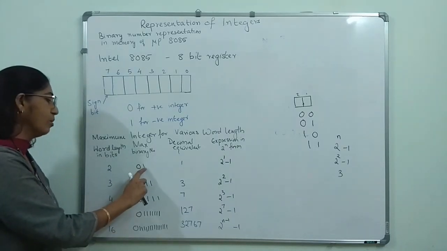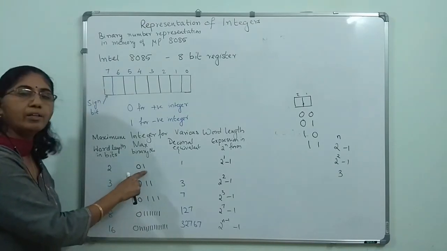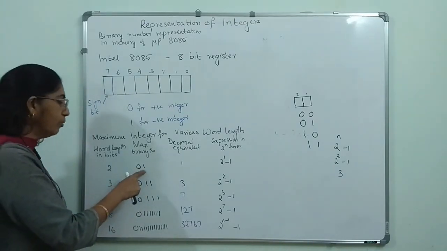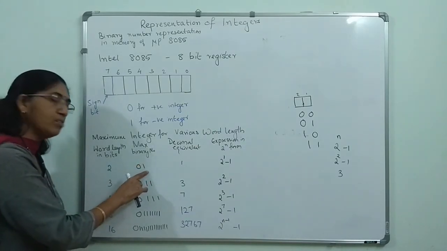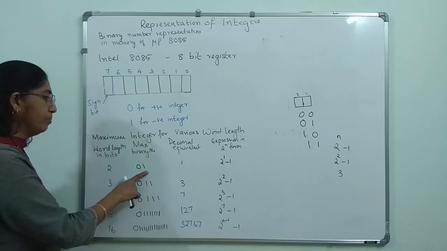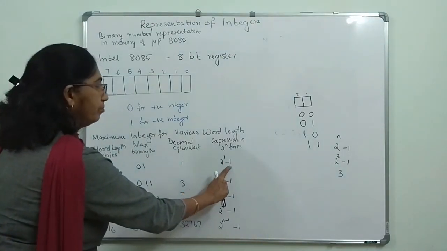In the 2-bit arrangement, the number of bits is 2, but only 1 bit you have to keep aside for sign. The remaining is n minus 1, so 2 raised to n minus 1 minus 1.